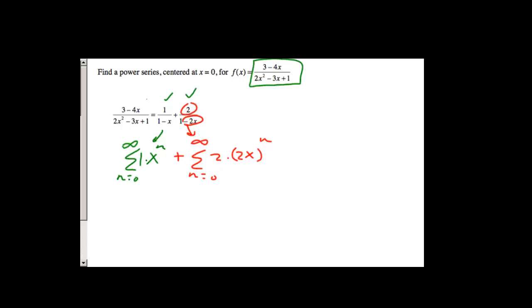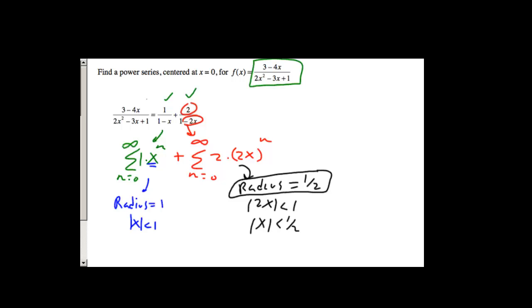And if we look at their respective radii of convergence, this one would have a radius where the absolute value of x, that is its multiplier, must be less than 1. So the radius equals 1. And in the next one, to find its radius, we know that 2x must be less than 1. So absolute value of x must be less than a half. So it has a radius of a half.